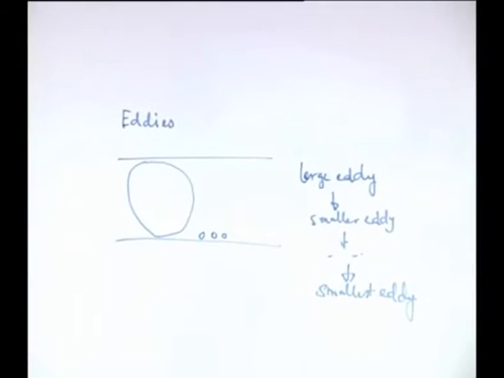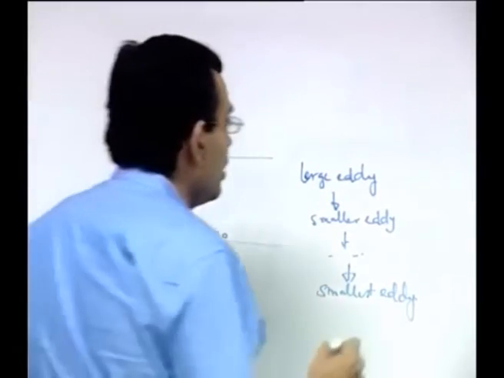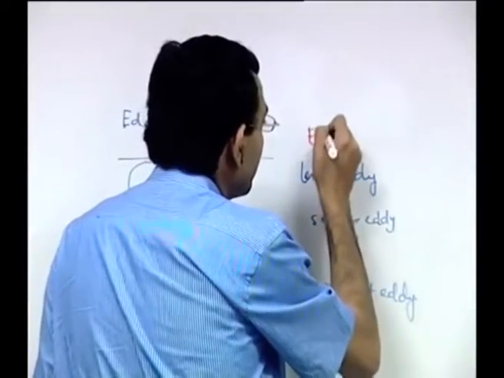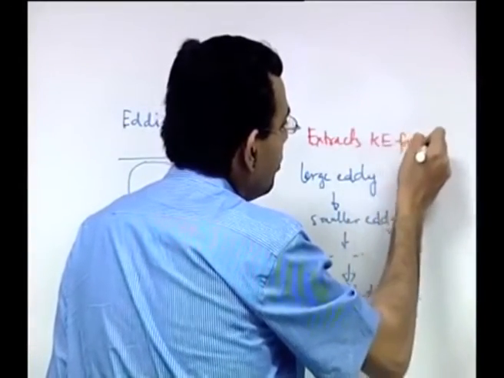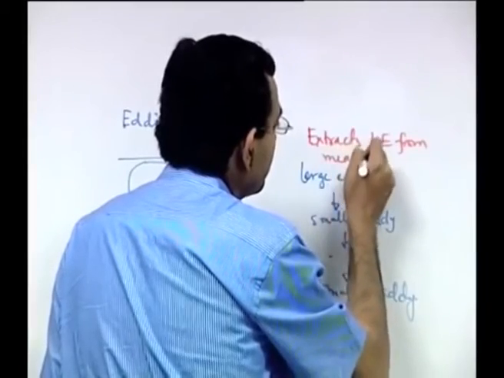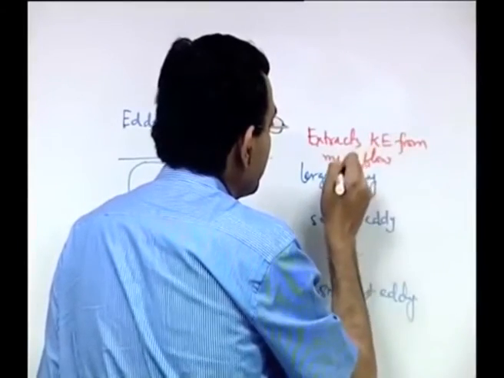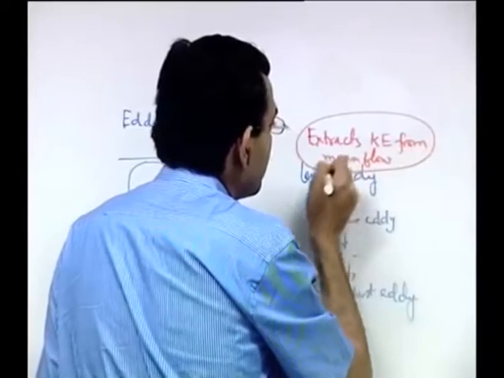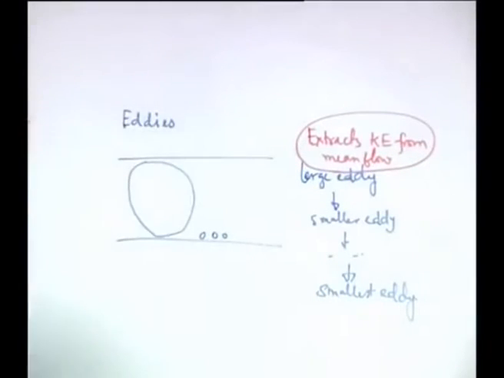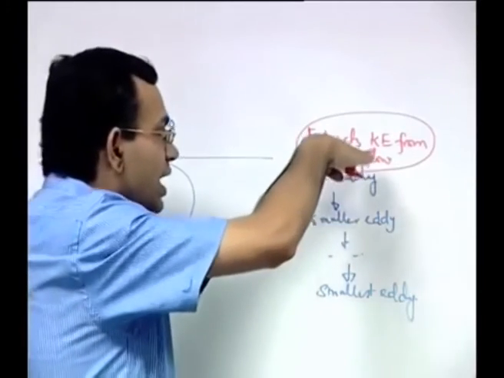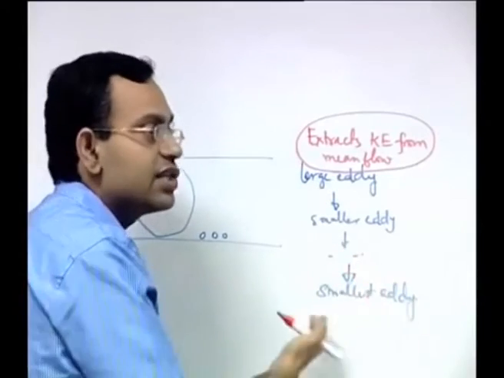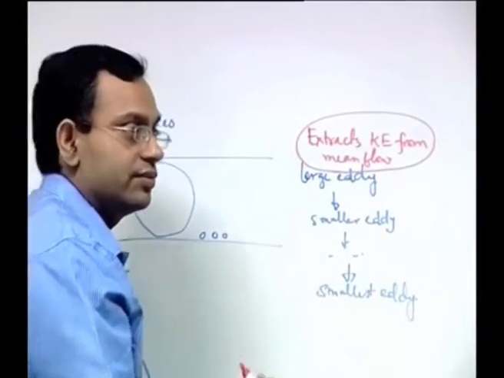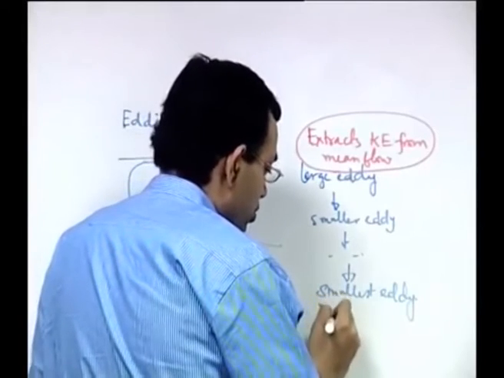So, the large eddy extracts kinetic energy from the mean flow, and that entire energy cascades through smaller and smaller eddies till it is mopped up by the smallest eddy due to viscous dissipation.